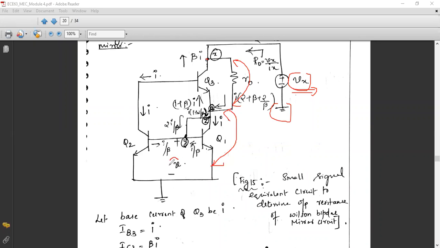Now, what is the voltage at the base? Here it is mentioned, it is V. The voltage at the base, or the potential difference across the base and ground, is denoted as V, and it is the same for Q2 and Q1. Why? Because the bases are short circuited and the emitter terminals are also short circuited. So because of which the voltage across the base and emitter will be the same.